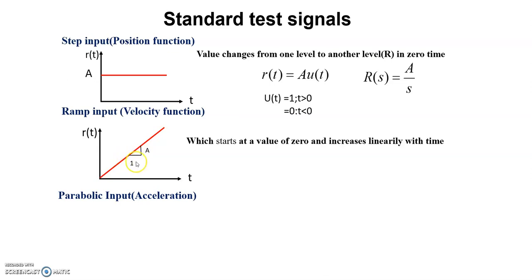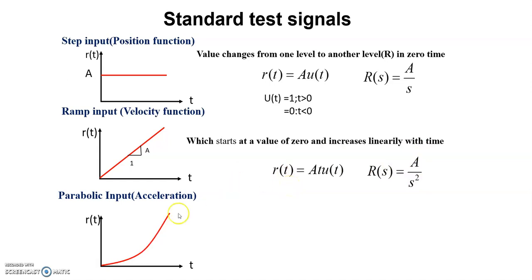R of t is equal to A into t into U of t, and the corresponding Laplace transform is R of s is equal to A by S square.